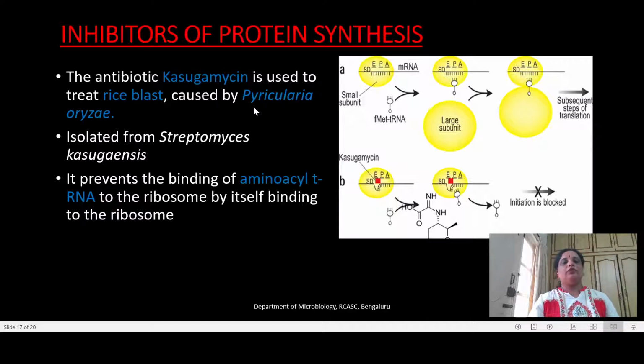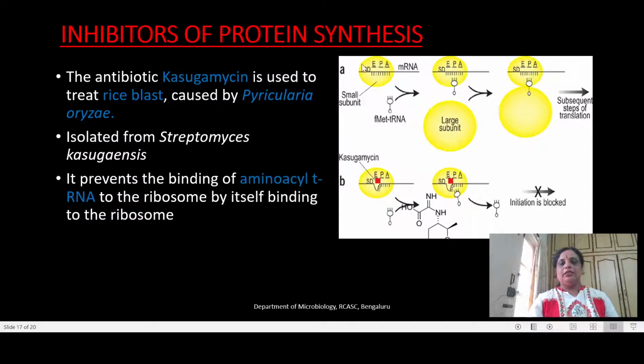This is one of the fungi which cause blast disease in rice. This particular kasugamycin is isolated from Streptomyces kasugaensis. So what does this particular kasugamycin do?